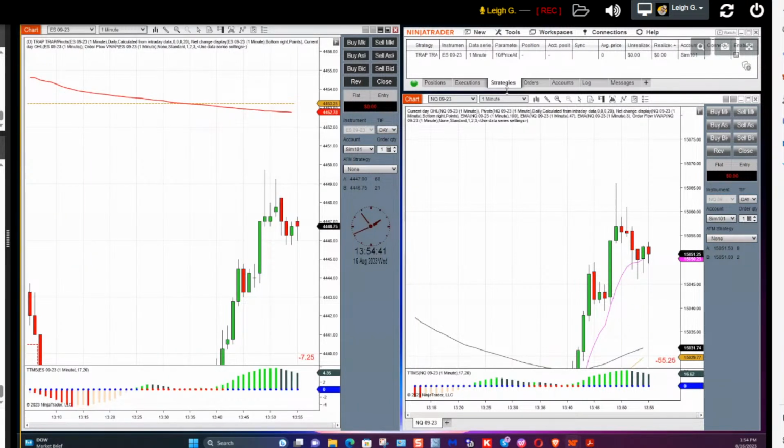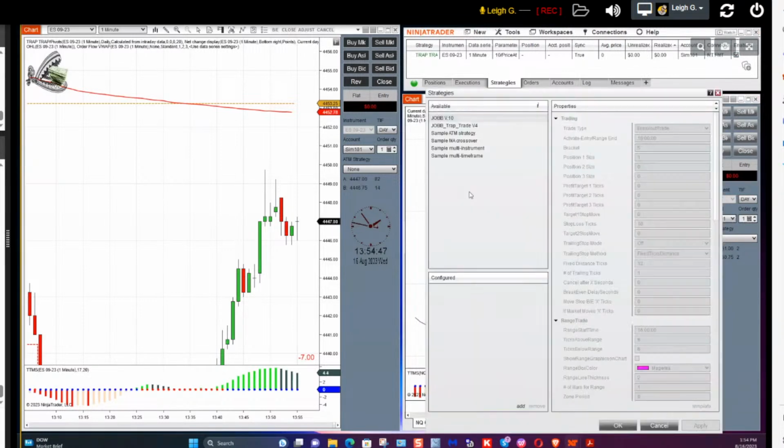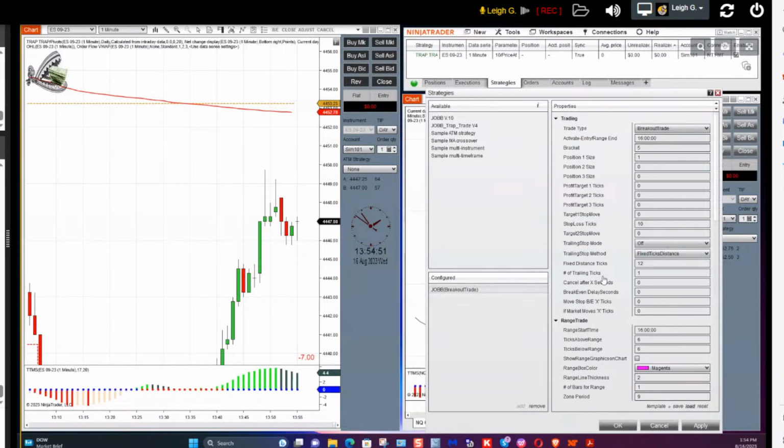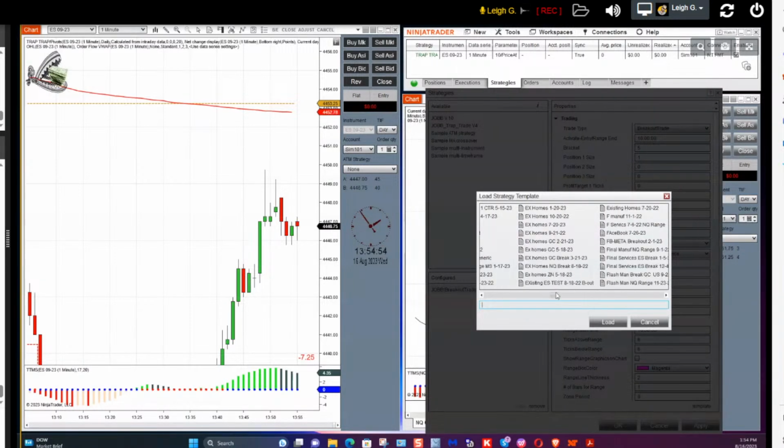And then we'll get our NQ breakout, grab that template, load it. I know I called it NQ, which is not the best name, but that's okay for today.